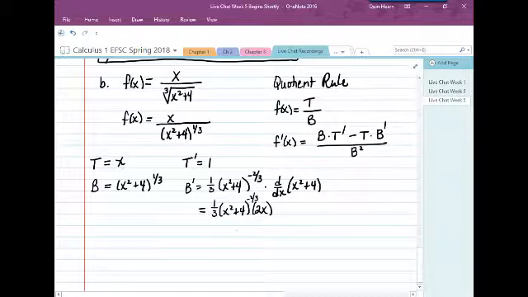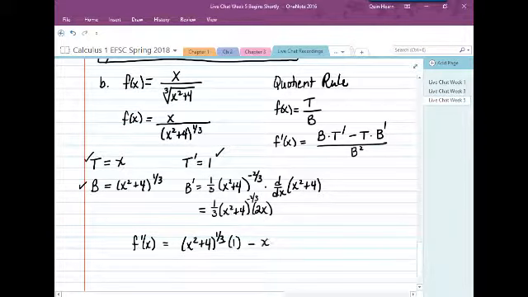Okay, so using the pattern bottom d top minus top d bottom over bottom squared, we have that the derivative of our function f is going to be the bottom, which is x squared plus 4 to the 1/3, times the derivative of the top, which is just 1, minus the top, which is just x, times the derivative of the bottom, which is 1/3 times x squared plus 4 to the negative 2/3 times 2x.